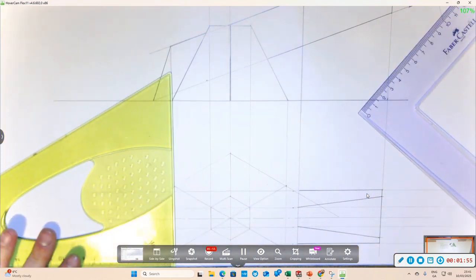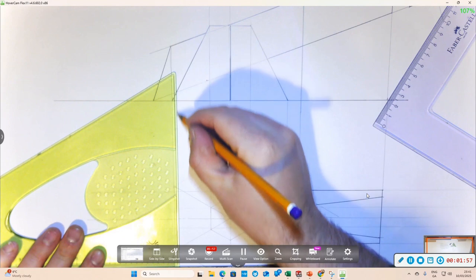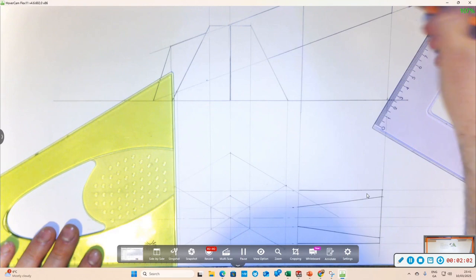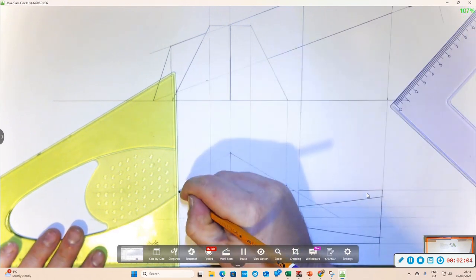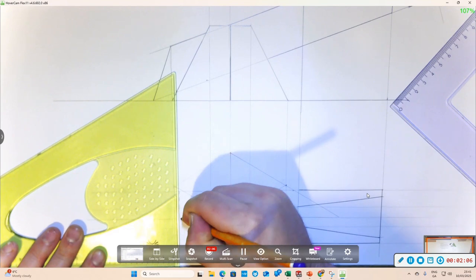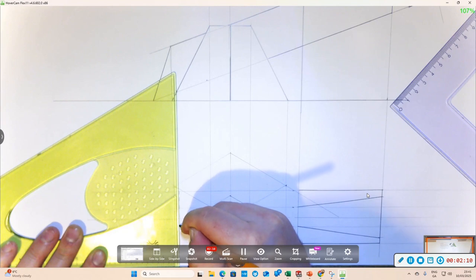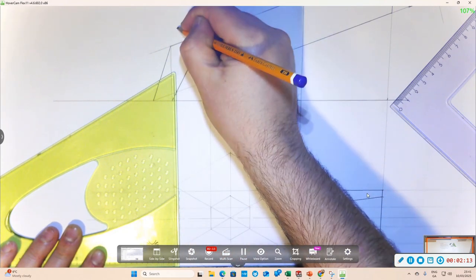So I'm going to drop this down here. So this is on the two outer points of the prism. So here they are in plan view. Now, they're going to be hidden detail because they're below.